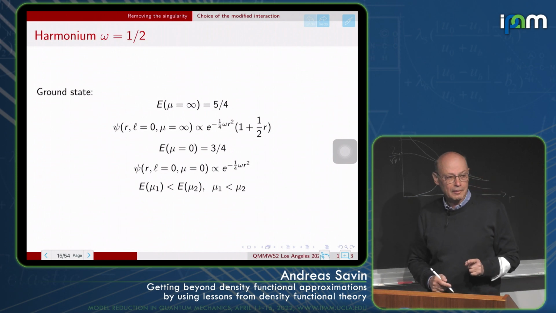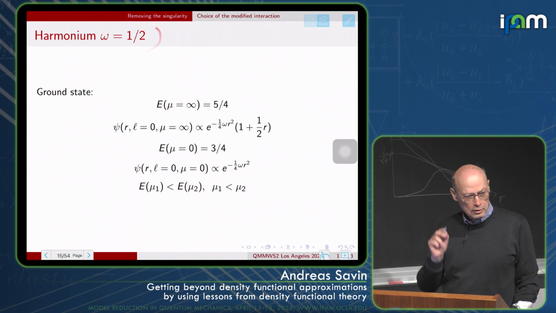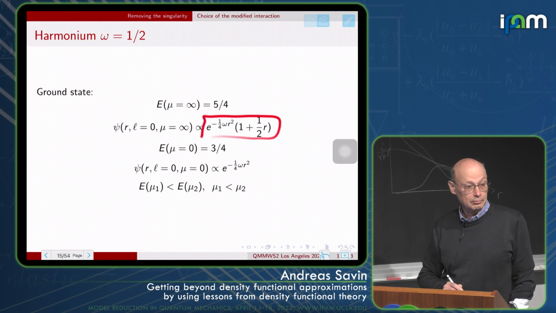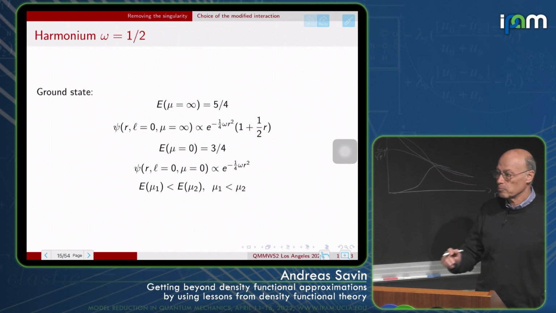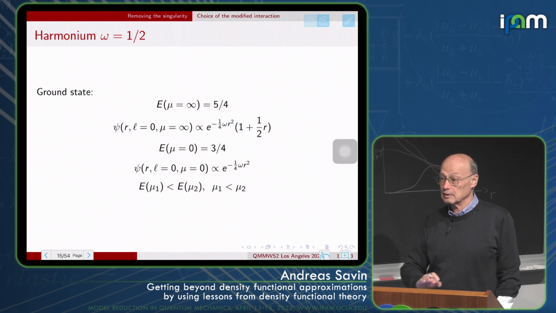But for particular values, if you take omega equal to 1/2, you can solve this equation analytically. The eigenvalue is 5/4, and the eigenfunction is this one: a Gaussian times 1 plus 1/2 r, satisfying the Kato cusp condition. That's the eigenfunction.